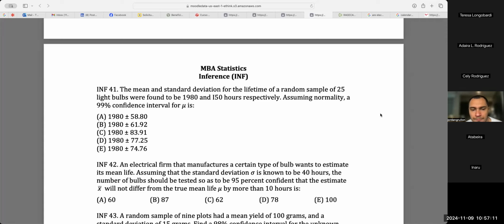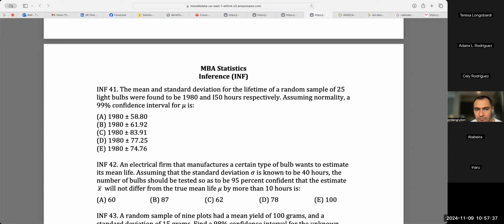Okay, 41. Let me see who asked the question. Maybe they figured it out now. I'm not sure. It was Paola. Have you sorted out the problem here, Paola? Let's do this 41. Confidence interval. What should we use?